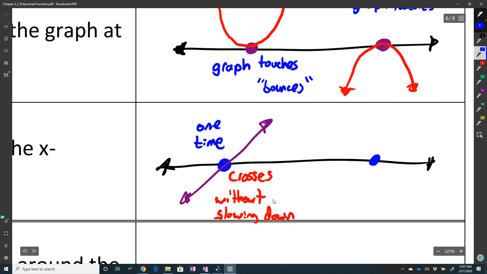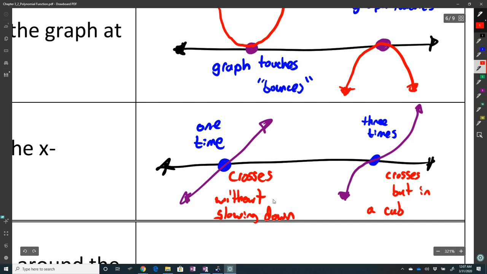Okay. Now, if it happens 3 times, then the graph does this shape, the cubic shape. And in this class, these are the only 3 cases that we're going to worry about.